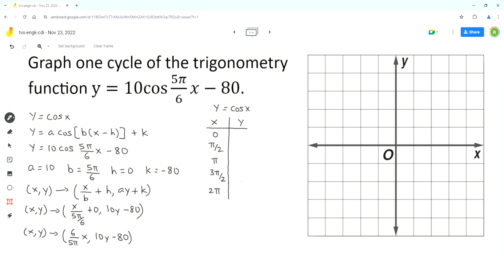The corresponding y values are, next, we should use these x and y values and the mapping rule to find the points that lie on the given transformed function. So we have to create a new table of values.